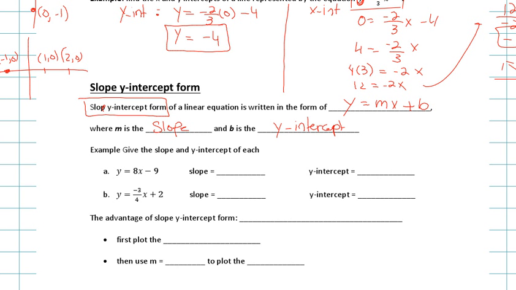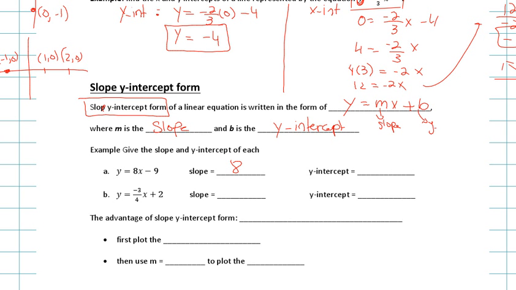So, if I'm looking at this equation, y equals 8x minus 9, what's my slope? 8. This is the slope. Remember, slope is multiplied by the x, so m is the slope, and this is the y-intercept.